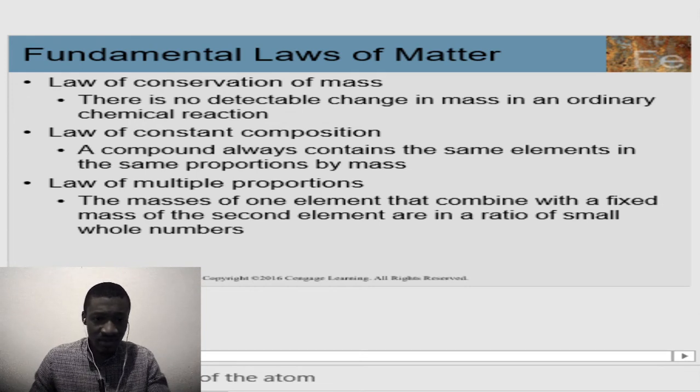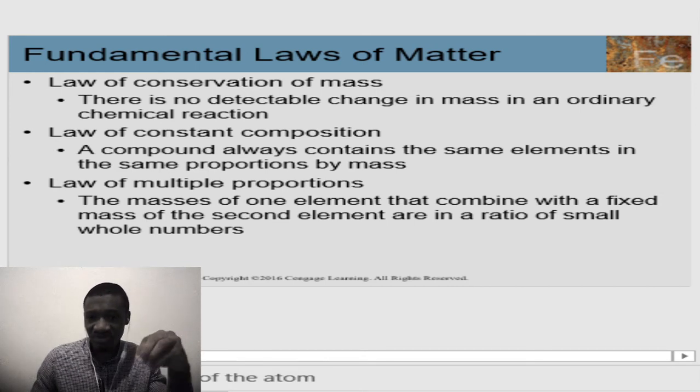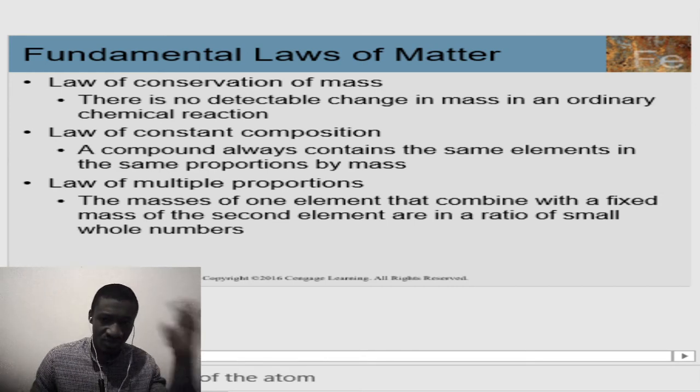And then you have the law of constant composition. The names of the laws are very much self-explaining. So when you say constant composition, it simply means that a compound always contains the same elements in the same proportion. Remember, constant composition.